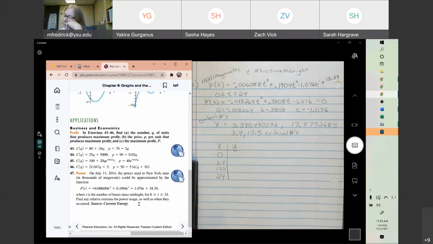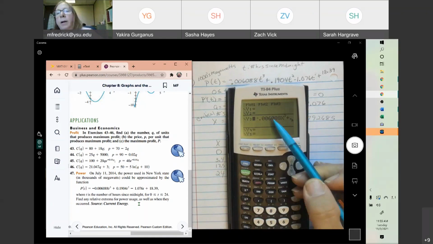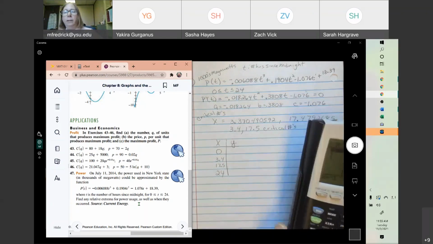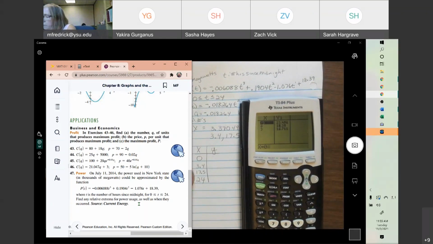Put it under y equals. And I've already typed it in. But under y equals, you put the original, and then second in table, and we needed 0, 3.4, 17.5, and 24.